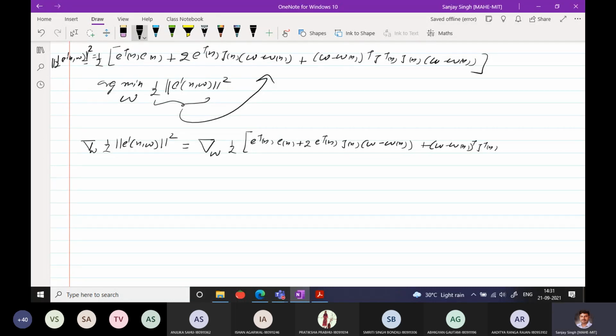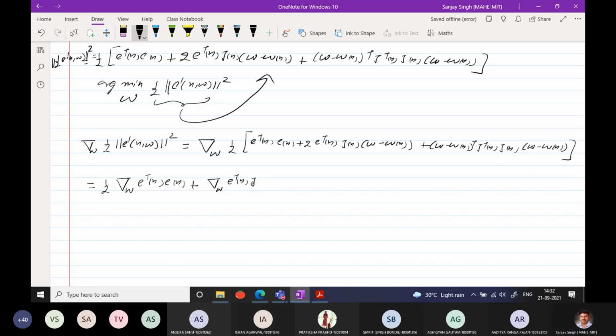Something I'll do here should not confuse you, and it is beautiful as well, but just hold on and see. Because nabla or differential is a linear operator, we'll go inside one by one. So I can write here 1 by 2 nabla W of E_n^T E_n, plus 1 by 2 times 2, so nothing, 1.